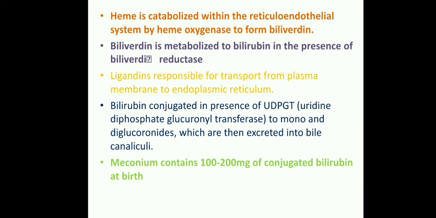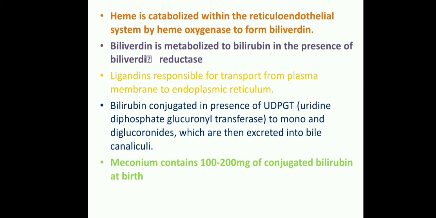Next, bilirubin is conjugated in the presence of UDPGT, uridine diphosphate glucuronosyl transferase, to mono and then diglucuronide, which are then excreted into the bile canaliculi.